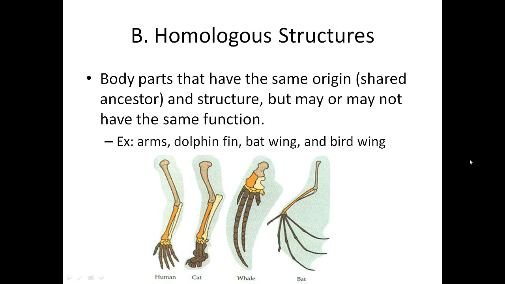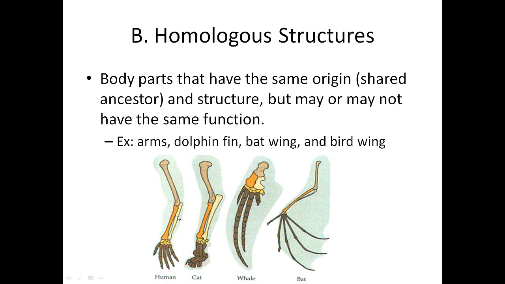An example, humans, cats, whales, and bats all have a common vertebrate ancestor, if you trace it back on a cladogram. We have our different limbs that serve different functions, but if you actually look at each limb anatomically, a lot of these bones, while it may not look like it to you, especially here, to a scientist that studies bones, they actually can tell that a lot of these bones are similar in structure.